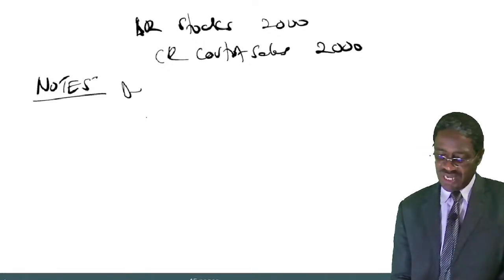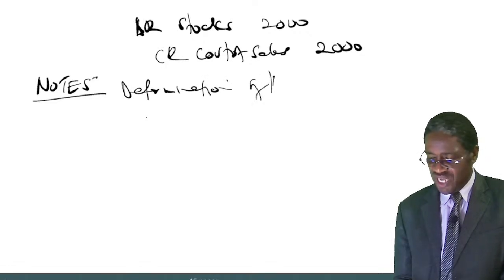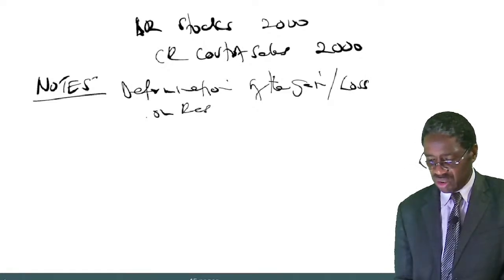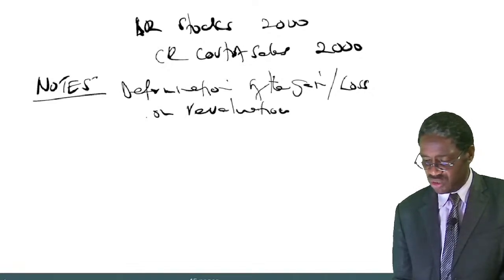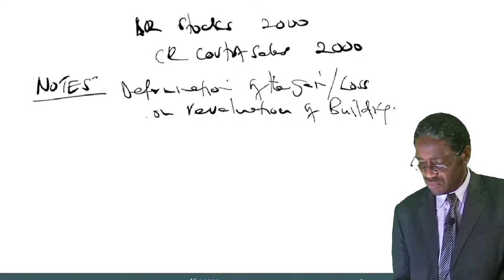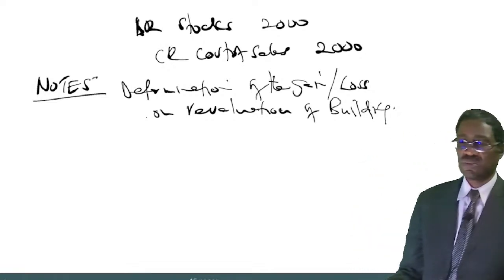You can say determination of the gain or loss on revaluation of building. That's what we are trying to calculate. That's the aim of that note.